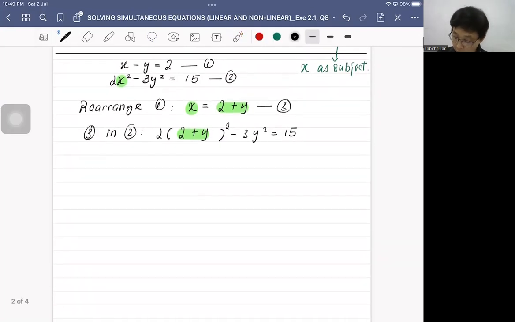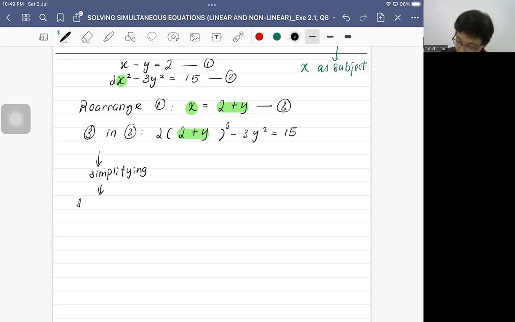Therefore, from here onward, you're going to do simplifying, whatever steps are necessary, and then solve for y. Let's show that.